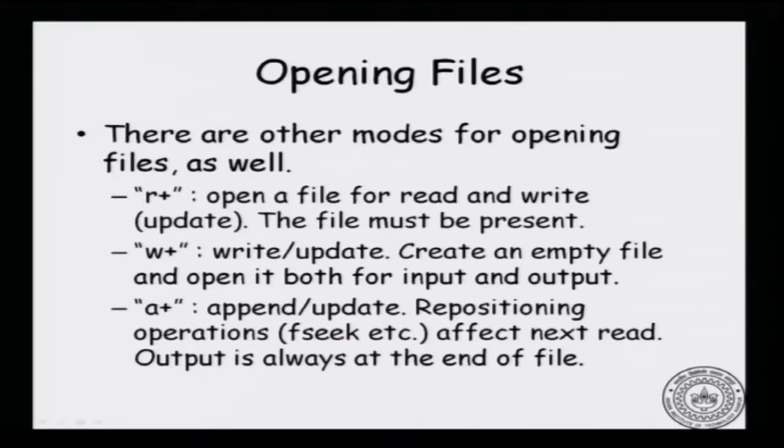This is somewhat strange. If you do any fseek after you open the file in A plus mode, then the read will be affected. Okay. So, suppose I am at the 100th location, I have read 99 bytes, I am at the 100th byte.